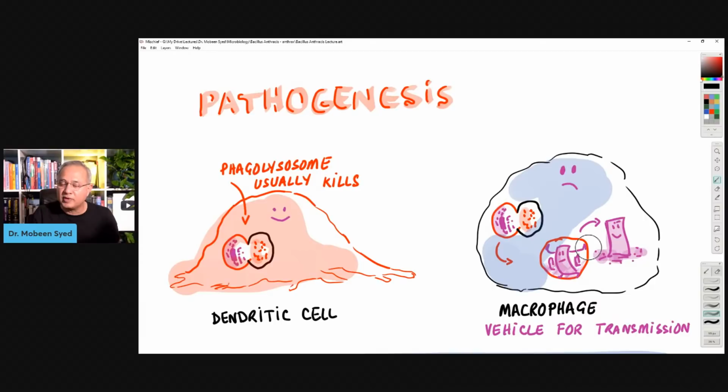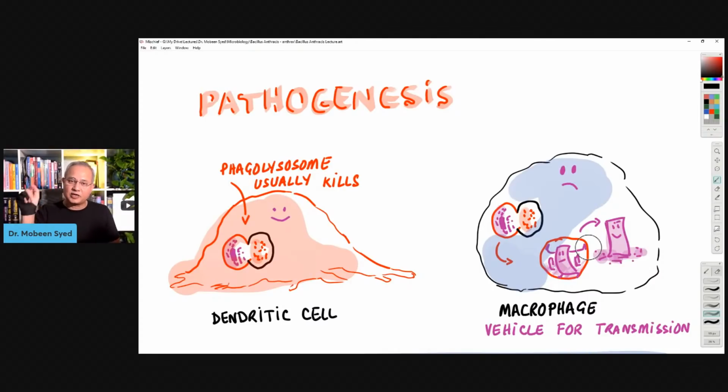So where would the macrophage break down? The place where the infection occurred, or somewhere else? Somewhere else. Why? Because this little vehicle, the macrophage, was moving. And most commonly, where does it go? To the local lymph node. So where does infection occur? In the local lymph node. Why?